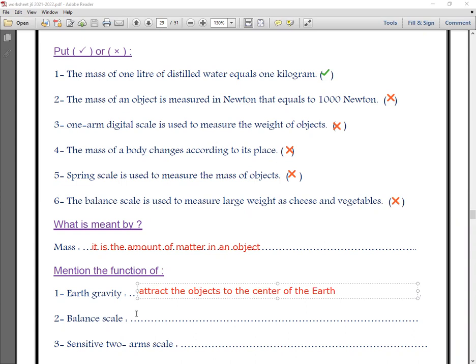Number 2, balance scale. What is the function of the balance scale? It measures the large masses like fruits.